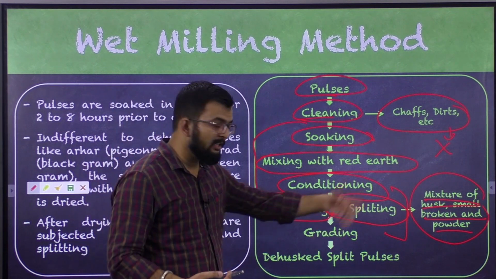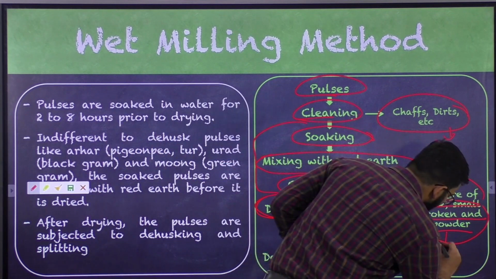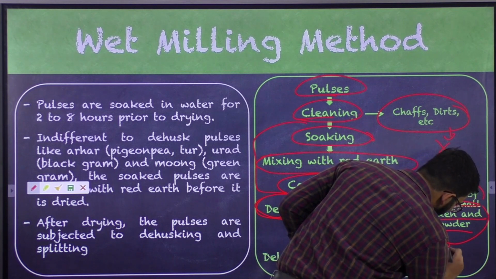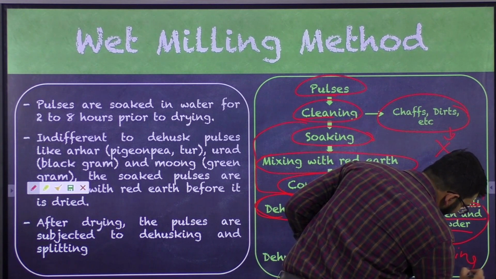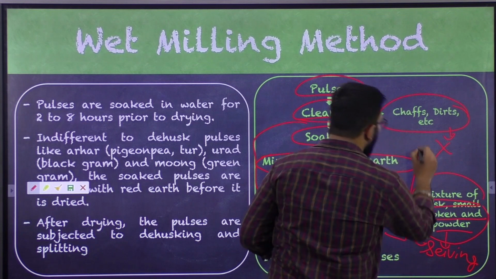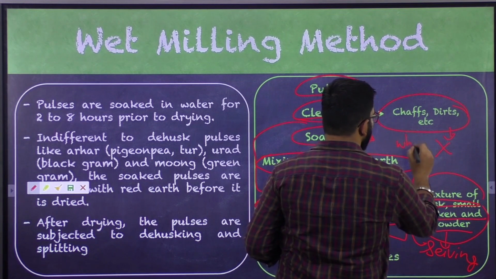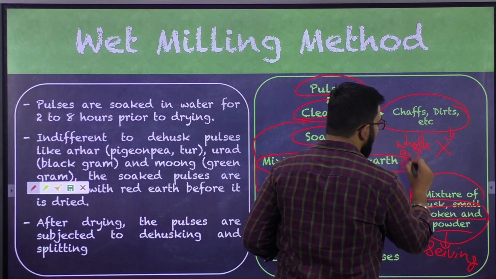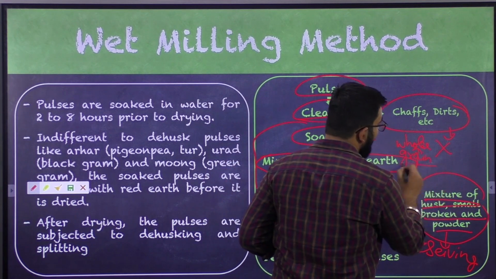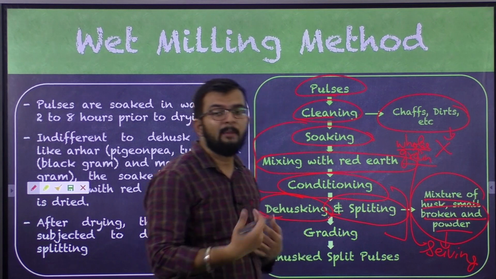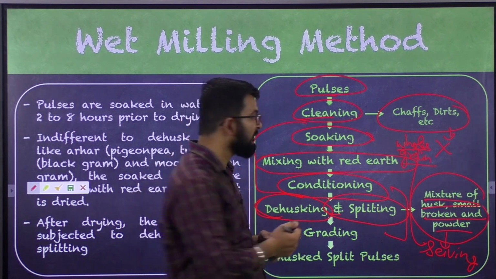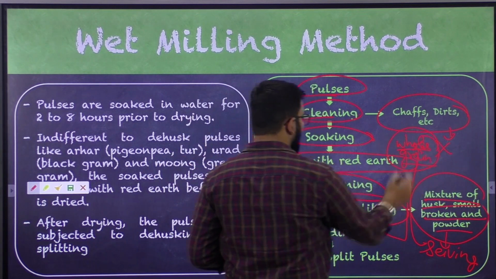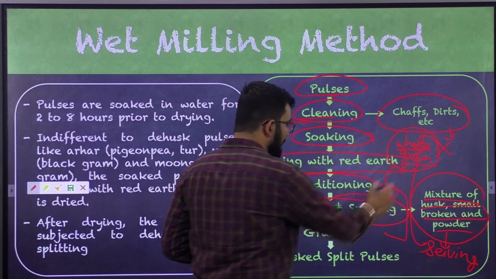Okay, so these need to be sieved. Sieving needs to be performed after this operation, and after sieving, the whole pulses or whole grain which you get may not have the husk completely or appropriately loosened, so these need to be sent again into the same process.